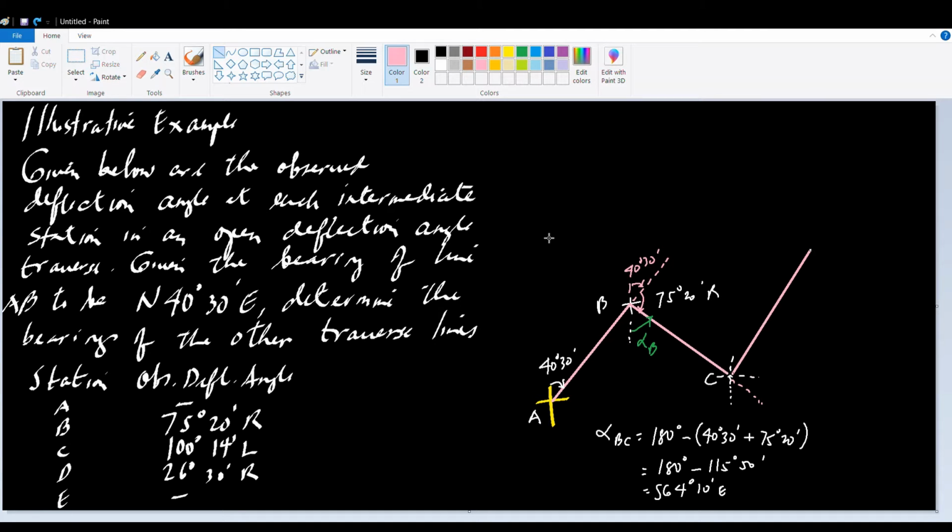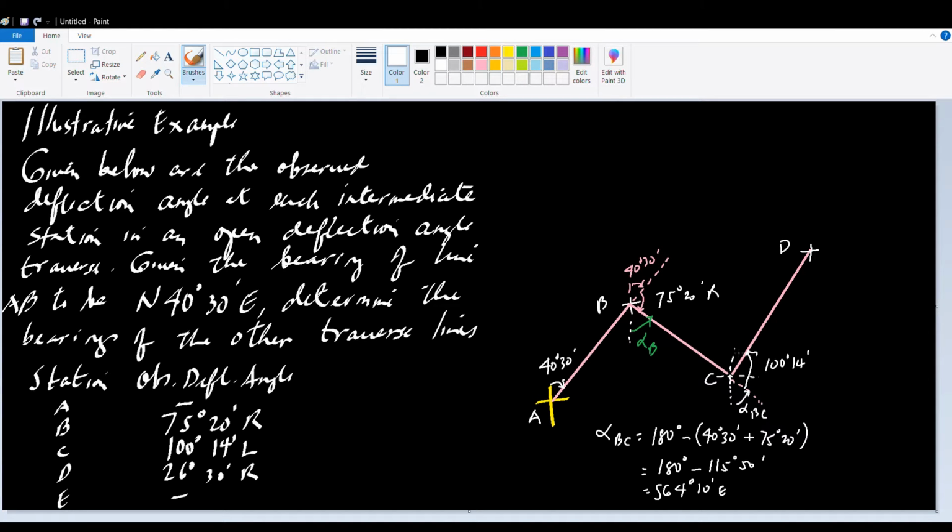That is the deflection angle, which is 100-14 in a counterclockwise direction. Alright? So somewhere here will be our station B. We also have the bearing of BC, alpha of BC.